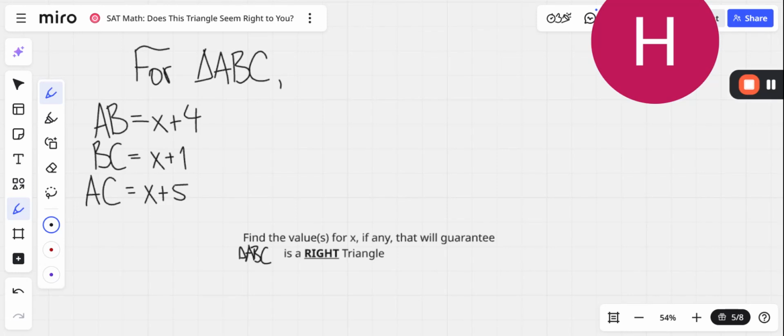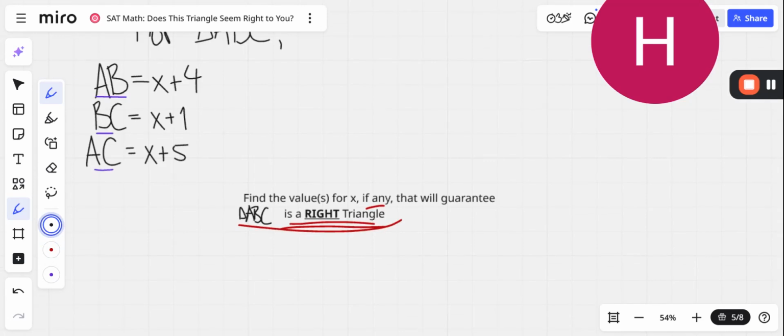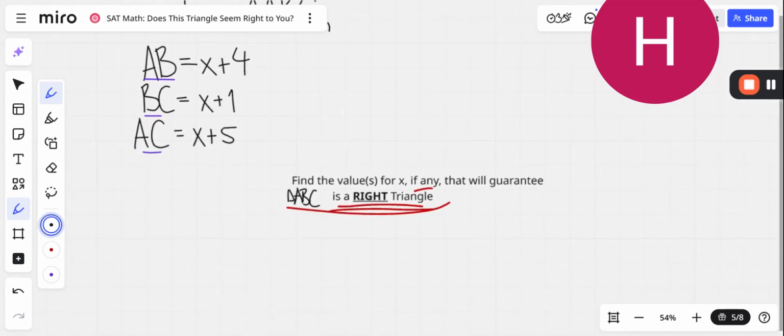Okay, so without further ado, let's read the problem. For this triangle ABC, we're given some side lengths, AB, BC, AC, and we're asked to find the values for x, if any, that will guarantee that this triangle is a right triangle. That is very important. Now, of course, we always have a longest side of a right triangle.